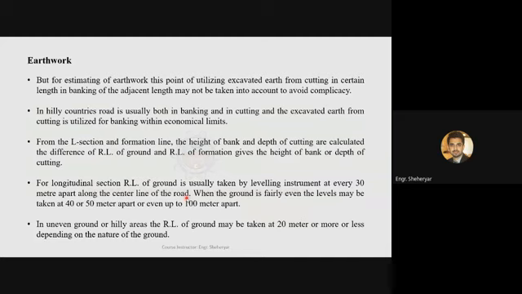So if it is a hilly area and there are many ups and downs on the ground, you will decrease the interval of taking measurements. But if it is a fairly level surface and there are no significant ups and downs on the ground surface, you can take a much higher interval for taking the measurements. I think you might have studied these things in the Survey 1 or Survey 2 course.